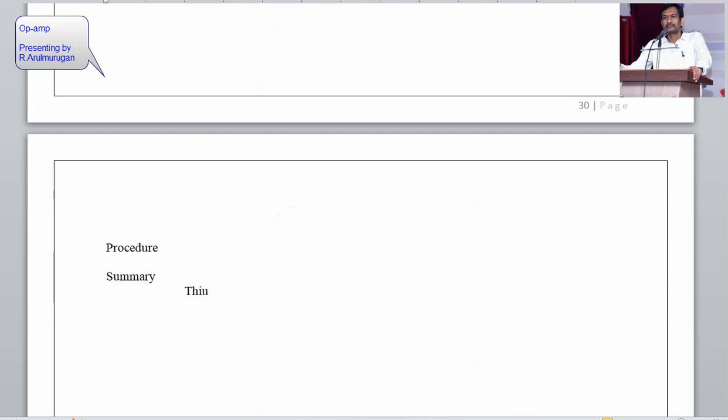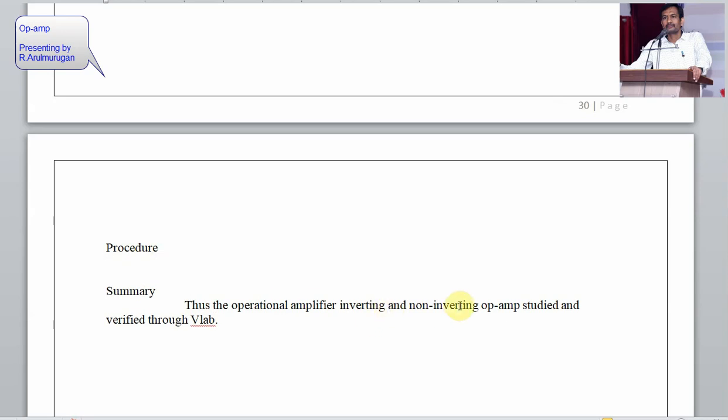That's the operational amplifier, inverting and non-inverting op-amp, studied and verified through VLab.